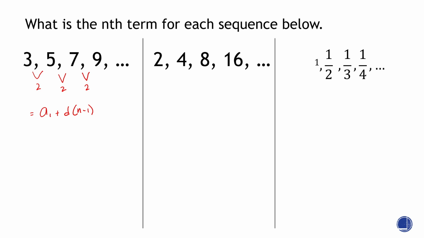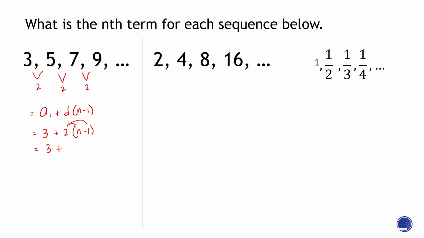And what we will do here is simply substitute a1, which is the first term, and d, which is the common difference, and then simply simplify the given algebraic expression. a1, like I said, is the first term, that's 3, plus d, the common difference, that's 2, times n minus 1.